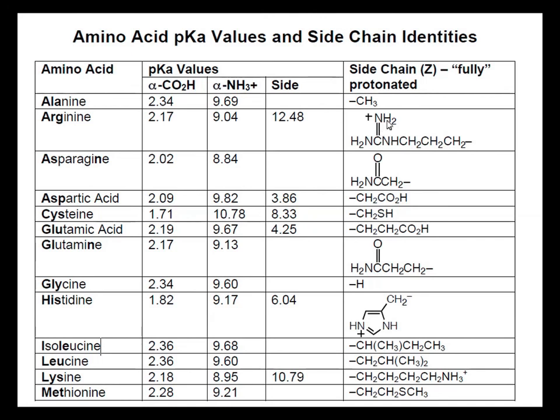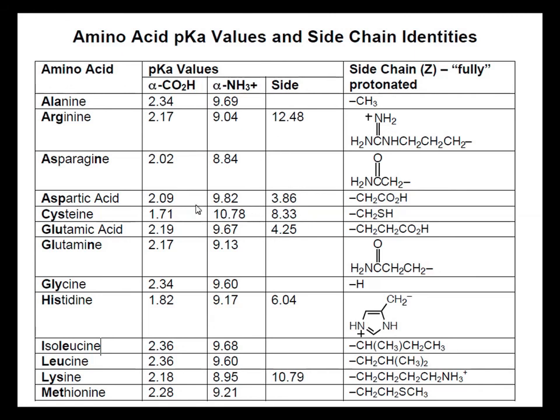This is the extra proton in the fully protonated form of the side chain. In all cases, this column shows you the fully protonated form of the side chain. So this is where you'd start if you're going to draw reactions that involve this molecule. You'd start with a fully protonated form, and that H wouldn't leave until a pKa of 12.48.